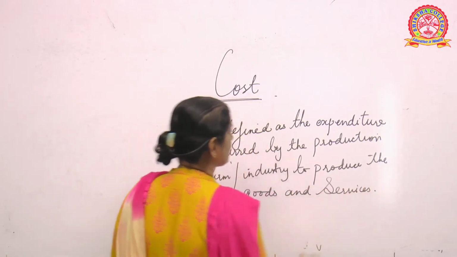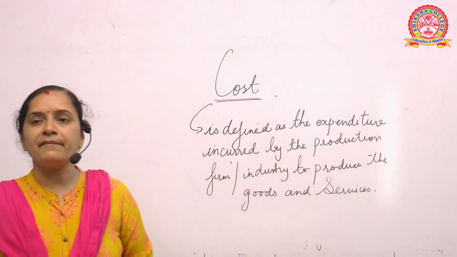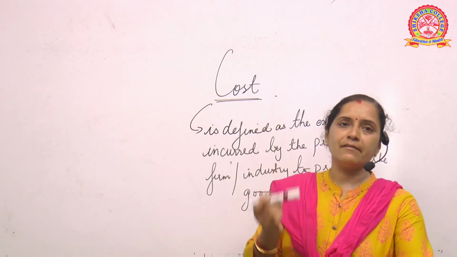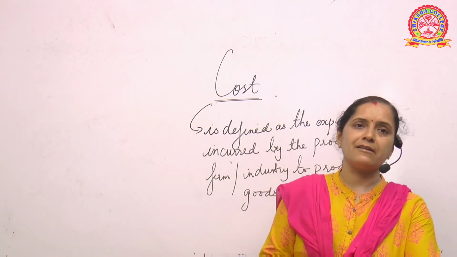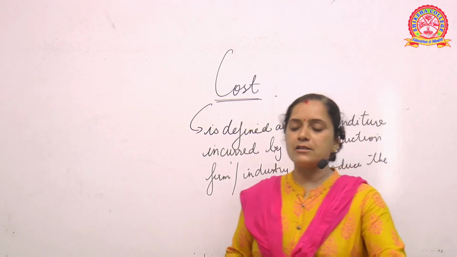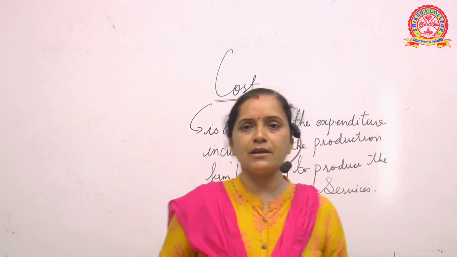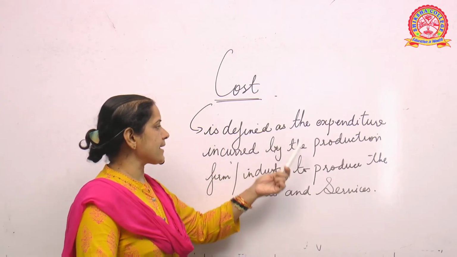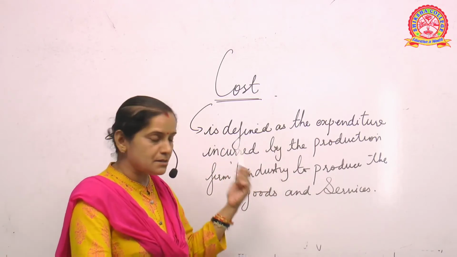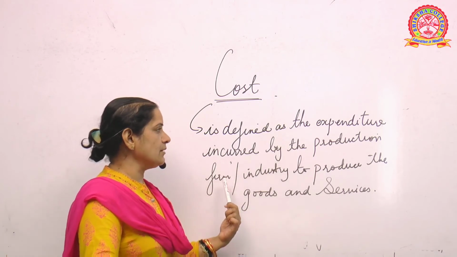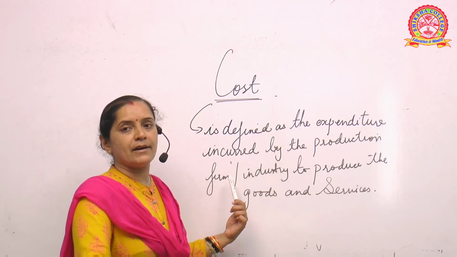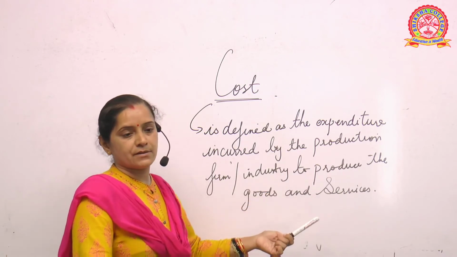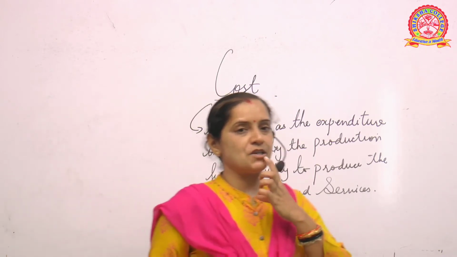Please look into the definition very carefully. When I say cost means, as I told you, the one thing which comes to mind is that cost means money, cost means expenditure, cost means some kind of investment. So here also, if you see the definition, cost is defined as the expenditure incurred, that is, made by the production firm, may be any company or any industry or a sector, to produce goods and services. So what kind of expenditure are you making?